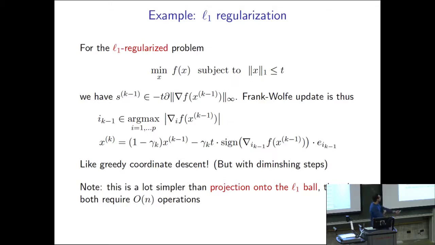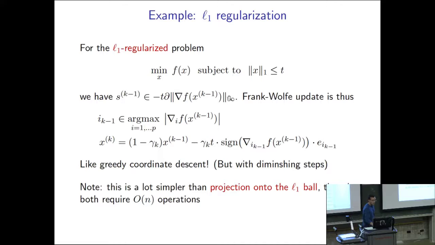And we could do projected gradient, but let's ask what would Frank-Wolfe do and compare them. So Frank-Wolfe, because of this rule here, I need to know what the dual norm of the L1 norm is. I need to know what its subgradients are. And if I know that, I can apply the method.